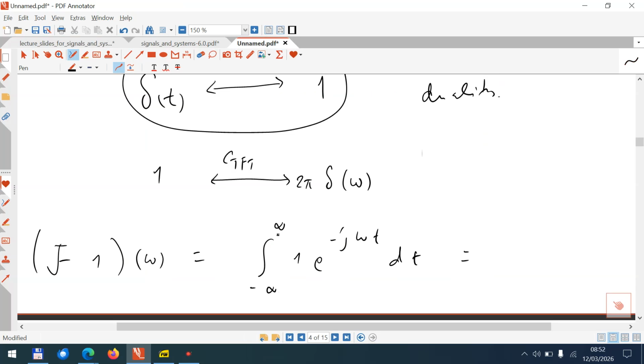Why? Because the limits are minus infinity to plus infinity, and this one will never drop to 0. It won't even change. When you try the absolute integrability, the absolute value of this is 1. So this will not converge. You will say it's infinity, but infinity is not a meaningful object. So we simply say it does not converge.